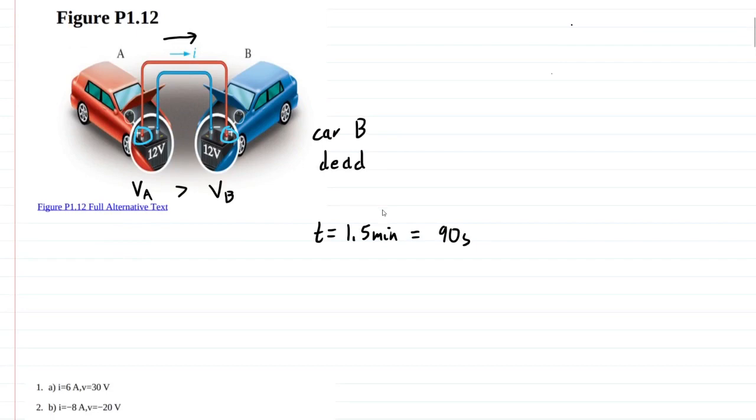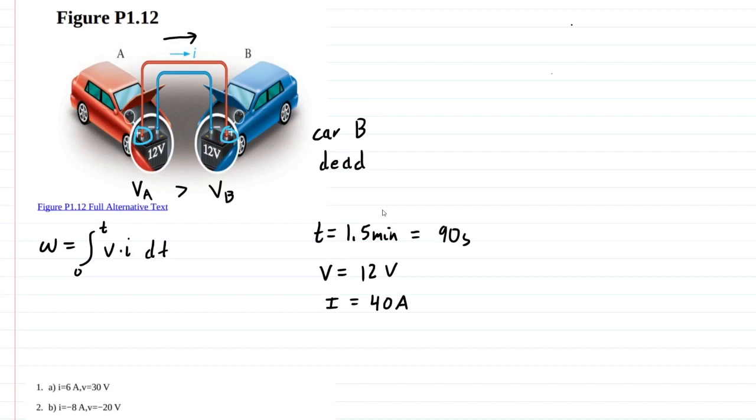The problem gives the voltage is 12 volts, and the current is 40 amps. So the electrical work done is the integral from 0 to t of V times I dt.